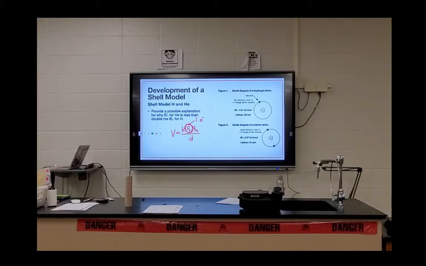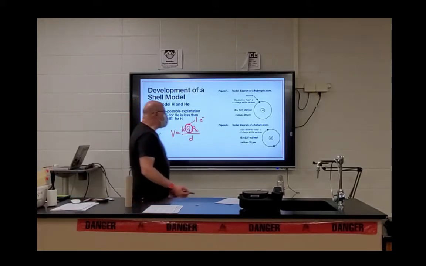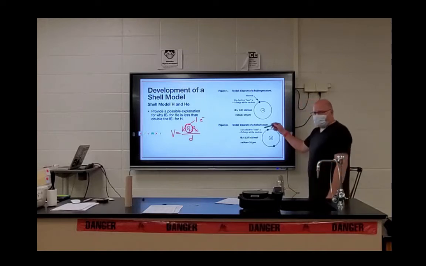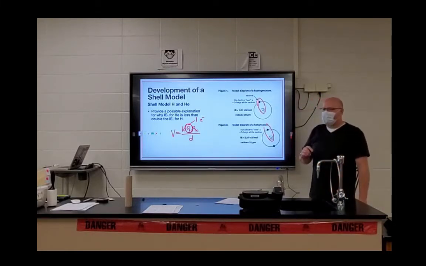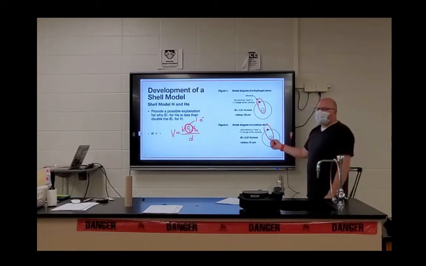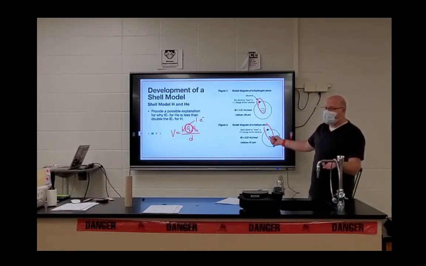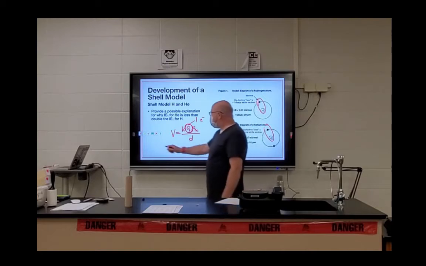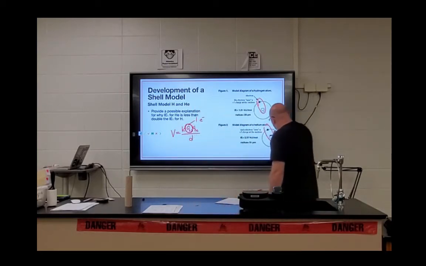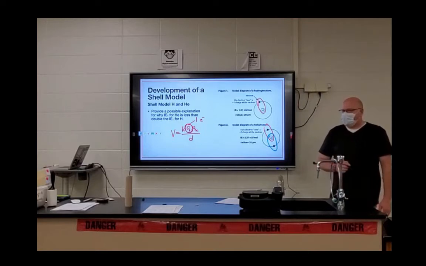So even though helium here has two electrons, we're looking at each electron individually. It's like we're comparing those and those. And because this has double the number of protons, we should expect a doubling of the attraction, because whatever is true of that electron is true of that electron. We're always looking at it as one electron and how it is interacting. Everybody okay?